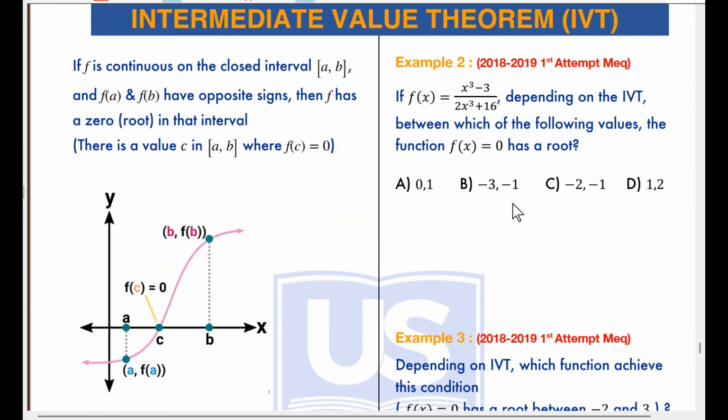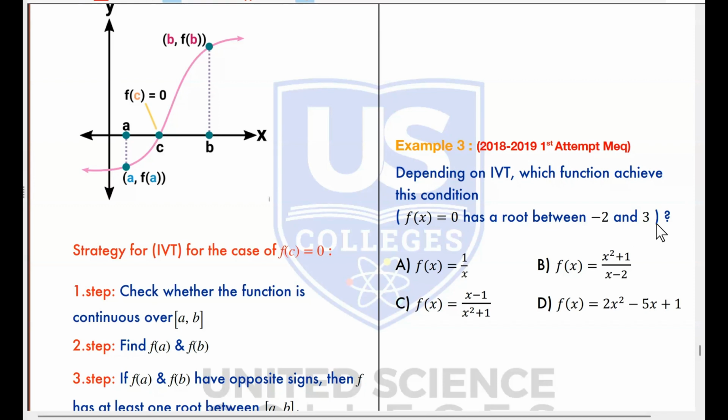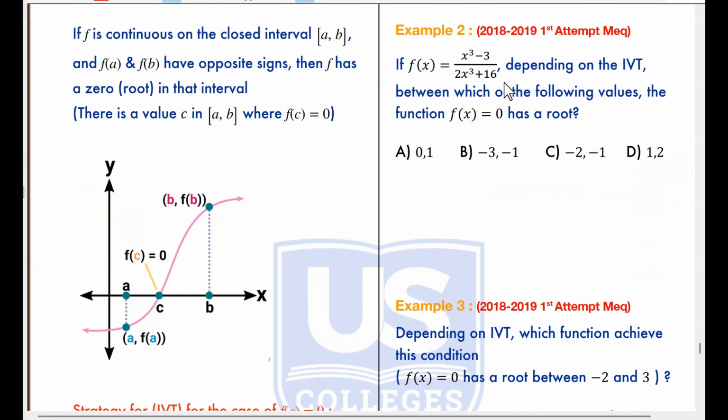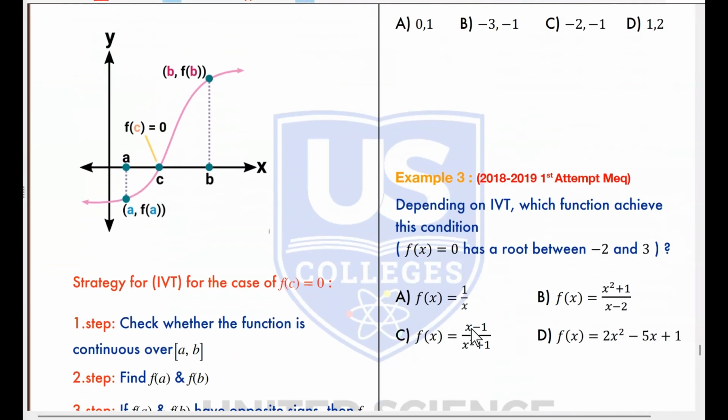You're asked to find two numbers where the function has a root between them. And the next question, two values are given. The correct function is asked, that has a root between those two. The questions will come either this way, function given, numbers asked, or numbers given, function asked. There are two types of questions.